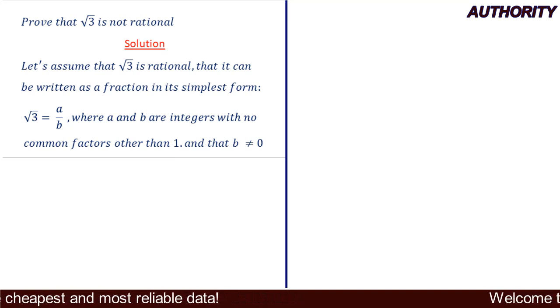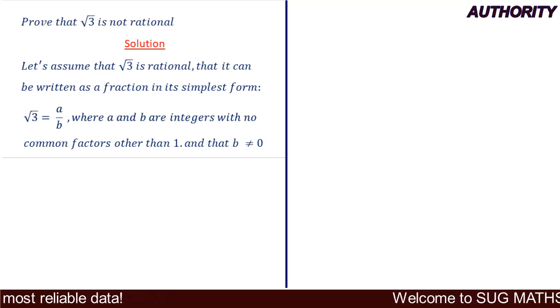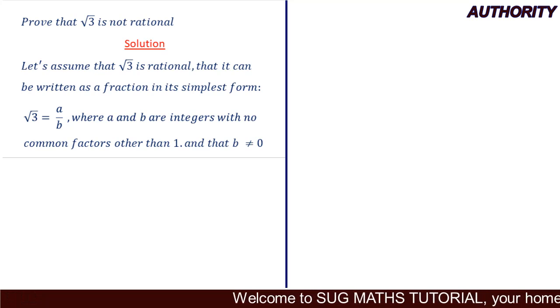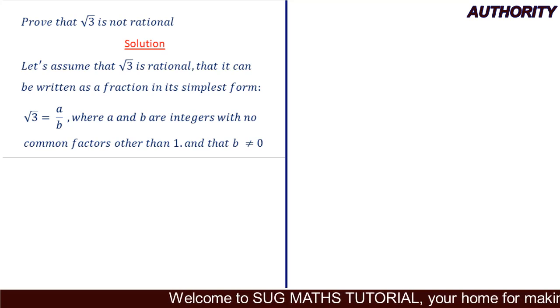That is to say that a and b are not having any common factor and are not divisible by any number except 1. Now let me give you an example to show you what we mean by having common factors.